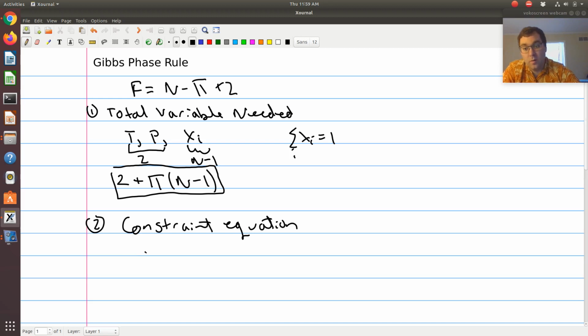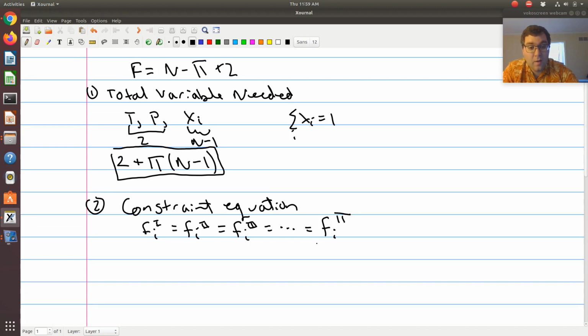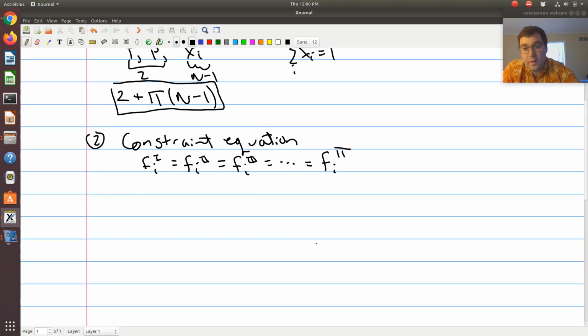So for my pi phases in coexistence, I must have that the fugacity of component i in phase 1 is equal to the fugacity of component i in phase 2, is equal to the fugacity of component i in phase 3, all the way up to the fugacity of component i in phase pi.